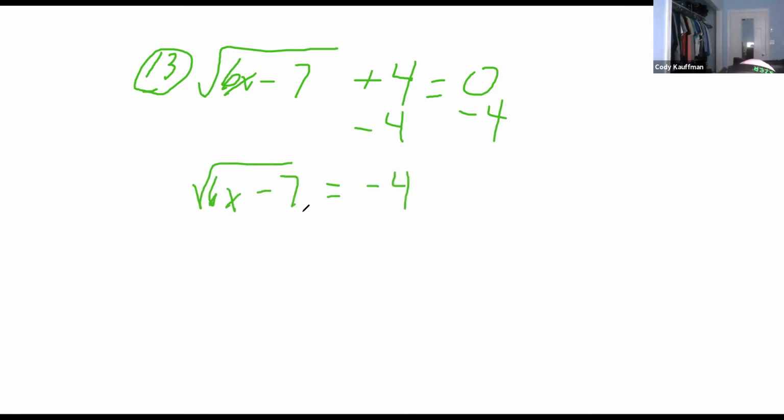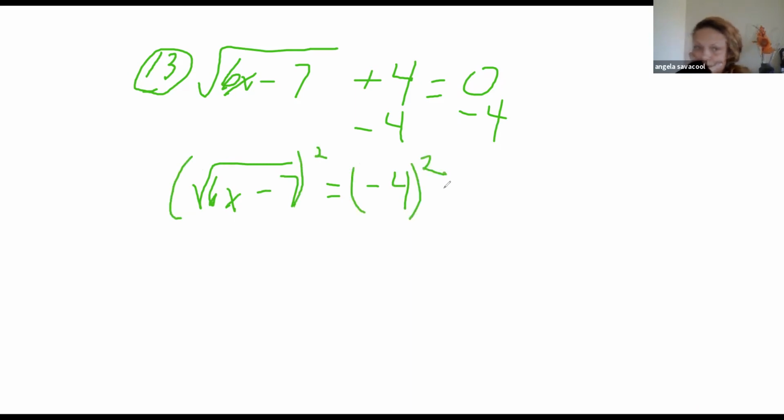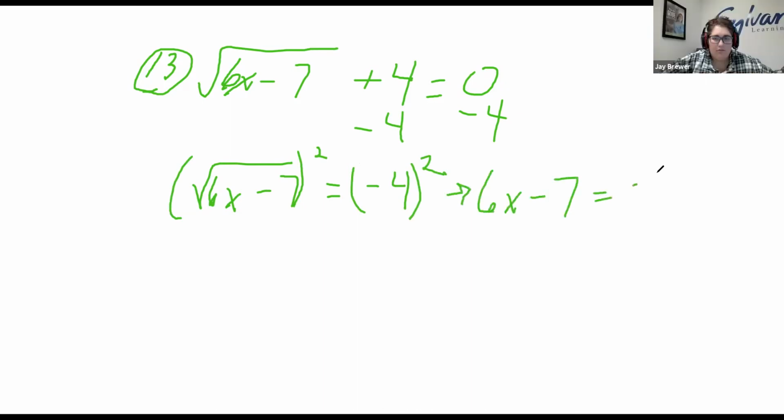What do you think your next step's going to be? Anybody? Square both sides. Mhm. Okay, so we have 6x minus 7 equal to 16. Oh, that's positive.